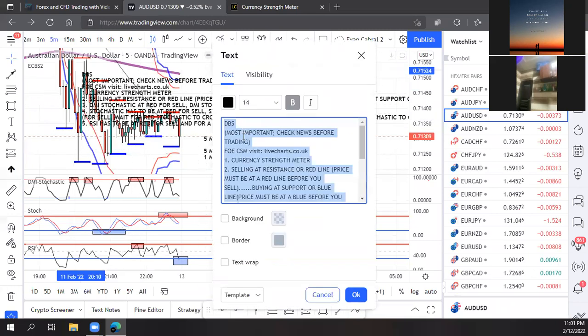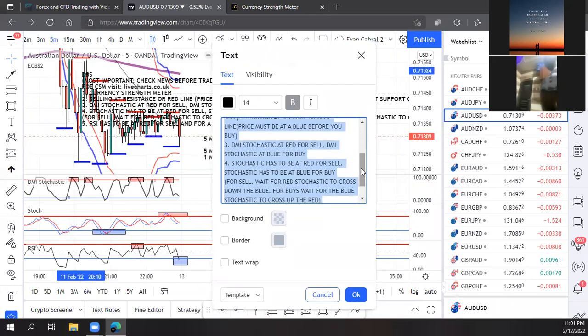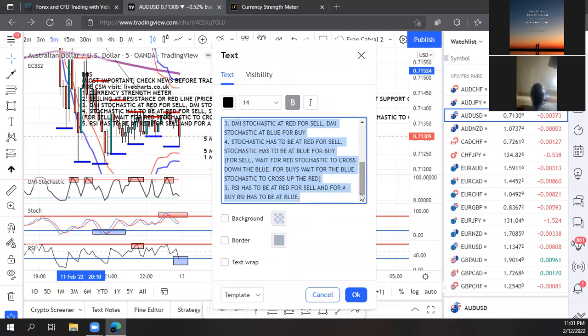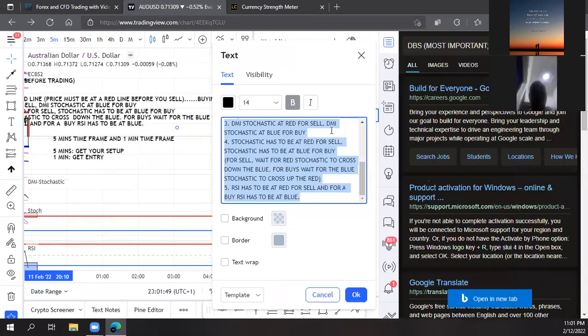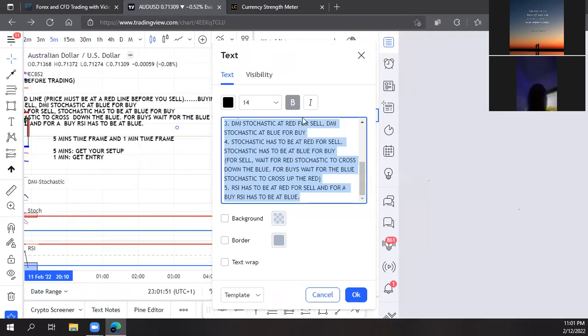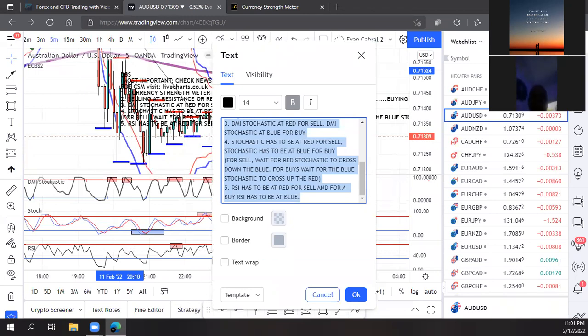So let me do something so we don't lose this info. Select all. Let me see if I can drop it in the chat. Okay, I know what to do.